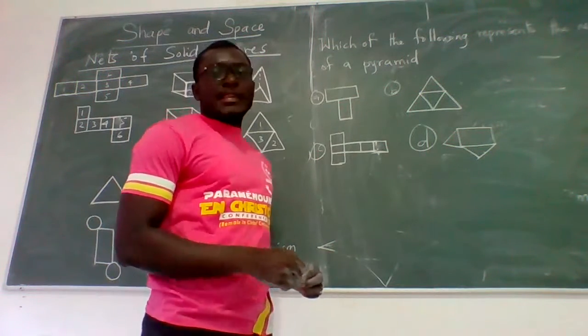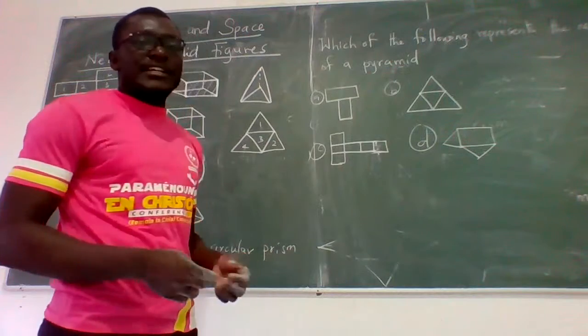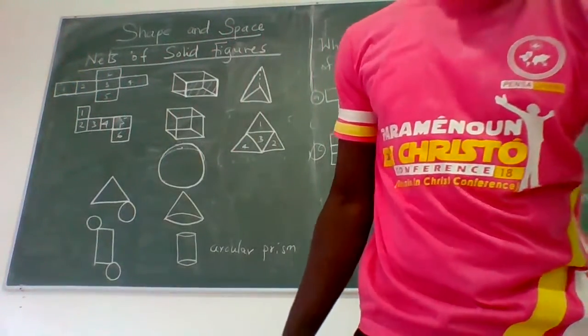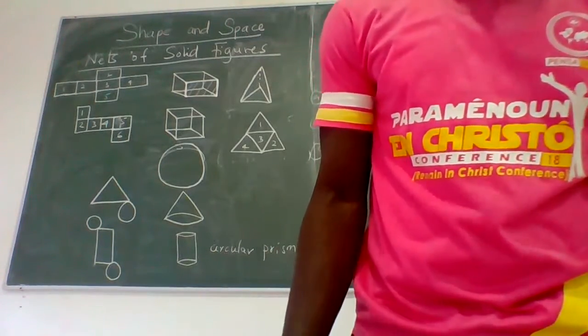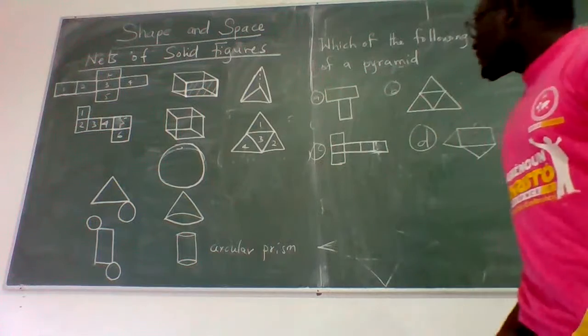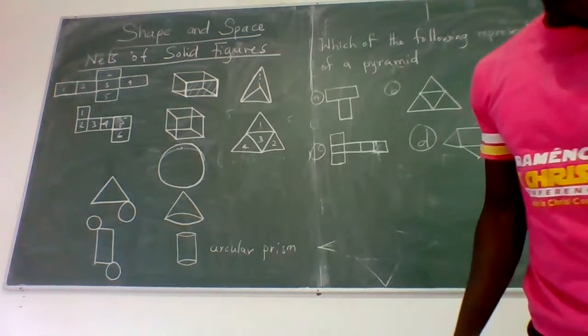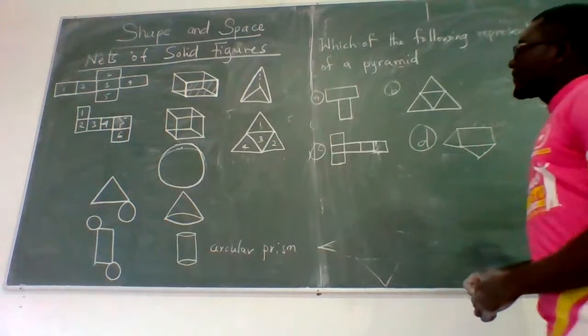So here, the idea is that you look out for the concepts that you have learned so far. Like I said in the beginning, not all mathematics questions will involve calculations. So some of these things, you should be expecting them. Looking at this, which one represents a pyramid?